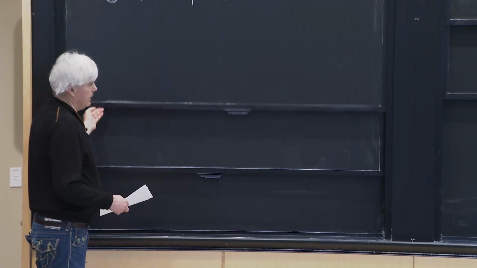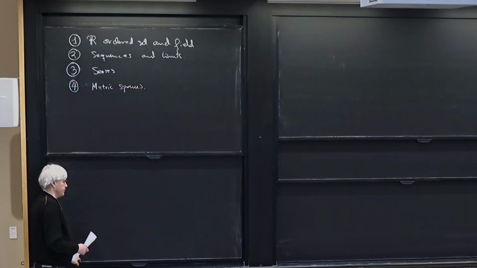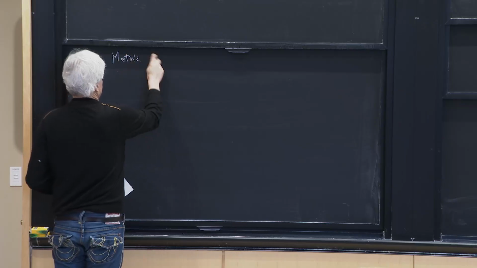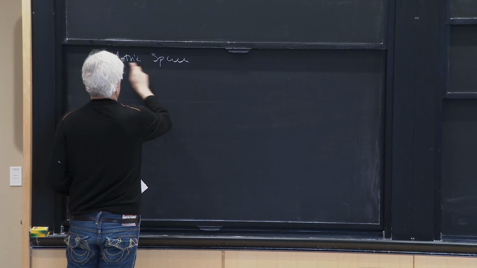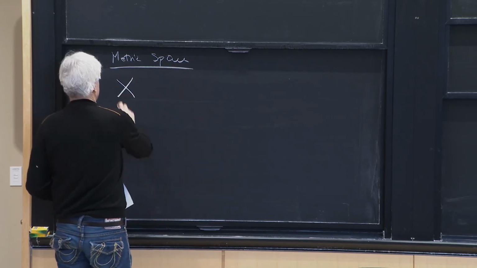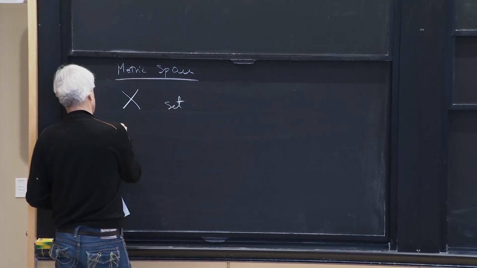And so let me just remind you what a metric space is. So a metric space is a set, so X is a set. And then there is a distance function.